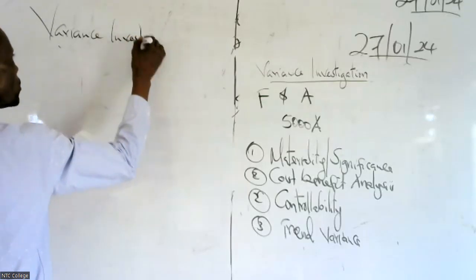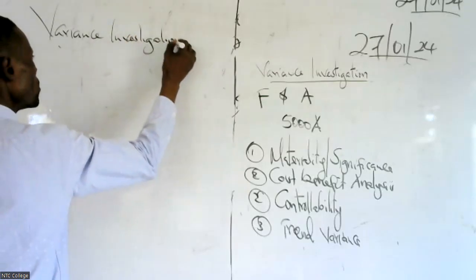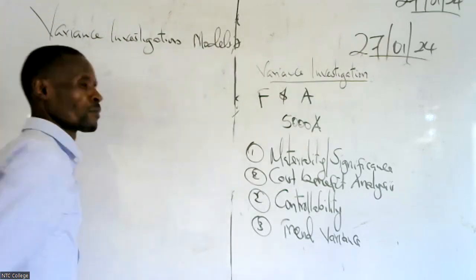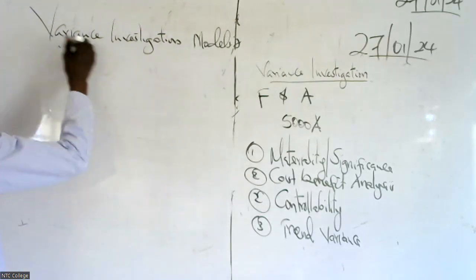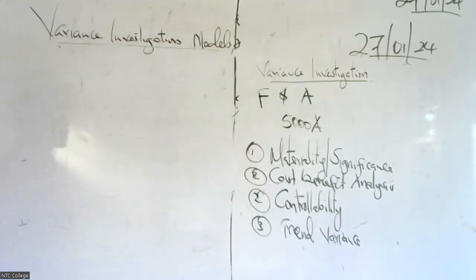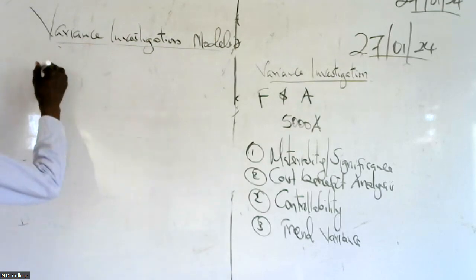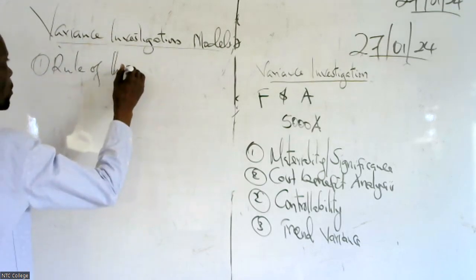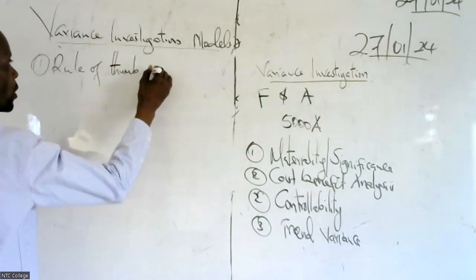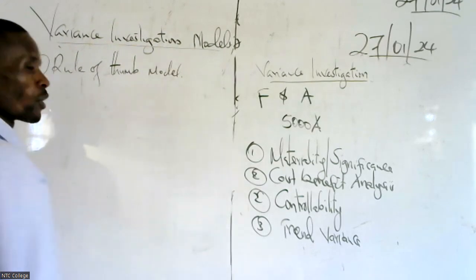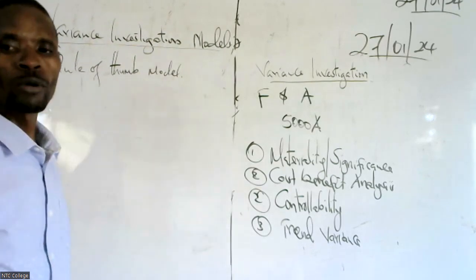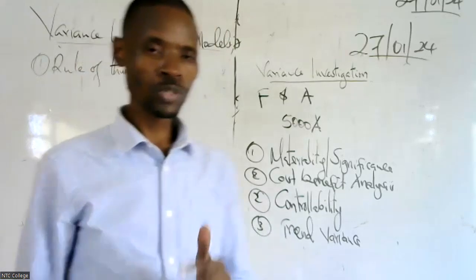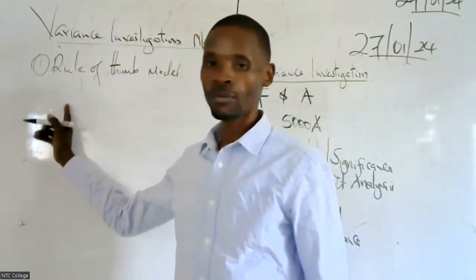So the first model is rule of thumb. My good students, here there is professional judgment based on rule of thumb.